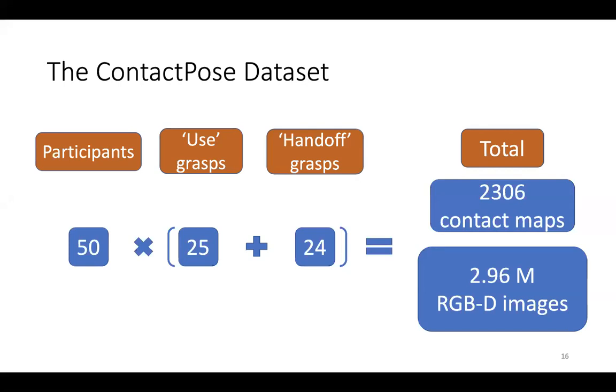And actually they grasp them twice, once with the intention of using those objects, so for example, you want to take a picture with a camera, or cut something with a knife, or wear those eyeglasses. And then afterwards the same set of objects are re-grasped for handing them off to somebody else. So in total we have more than 2300 unique grasps of these objects.